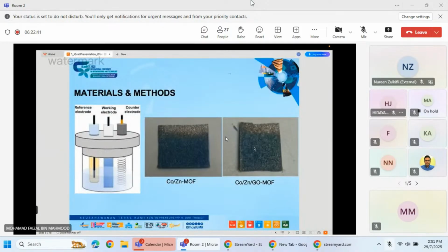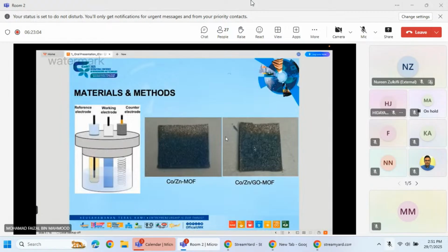Generally, this MOF-based supercapacitor electrode was prepared through a facile electrodeposition method. A 3-electrode setup, which composed of working electrode, Ag/AgCl as a reference electrode, and platinum as the counter electrode, were used for the electrode deposition process.